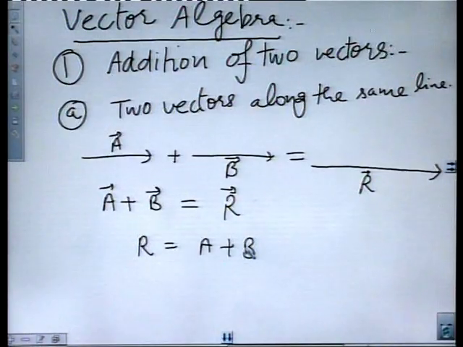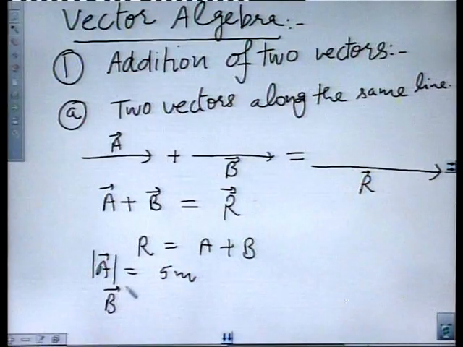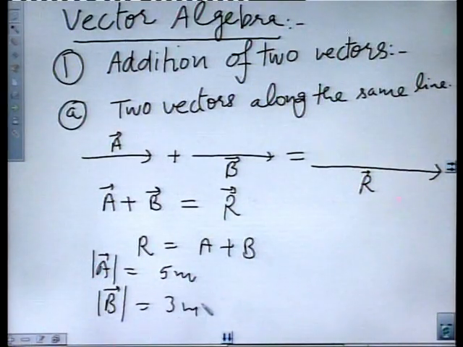Let us suppose A vector has magnitude of 5 meter and B vector's magnitude is equal to 3 meter.